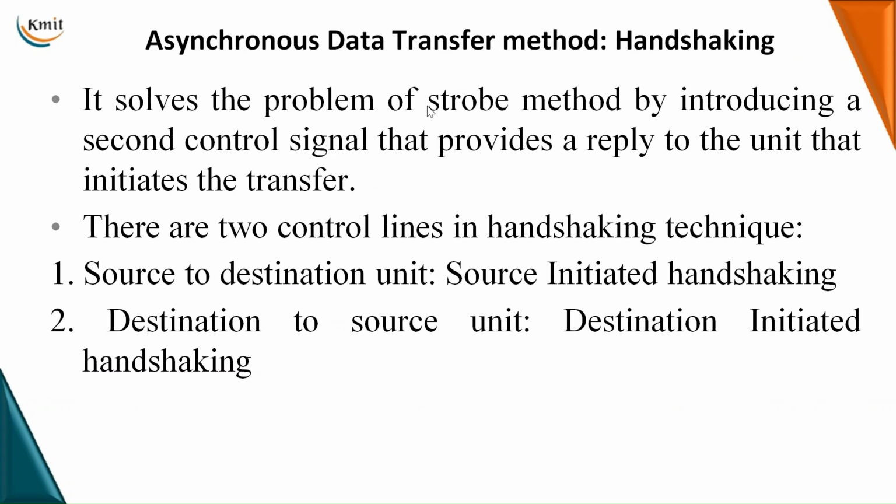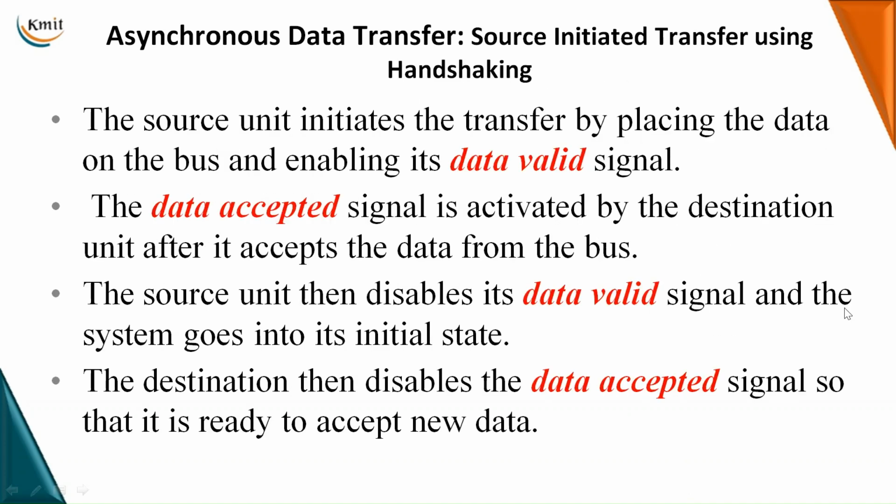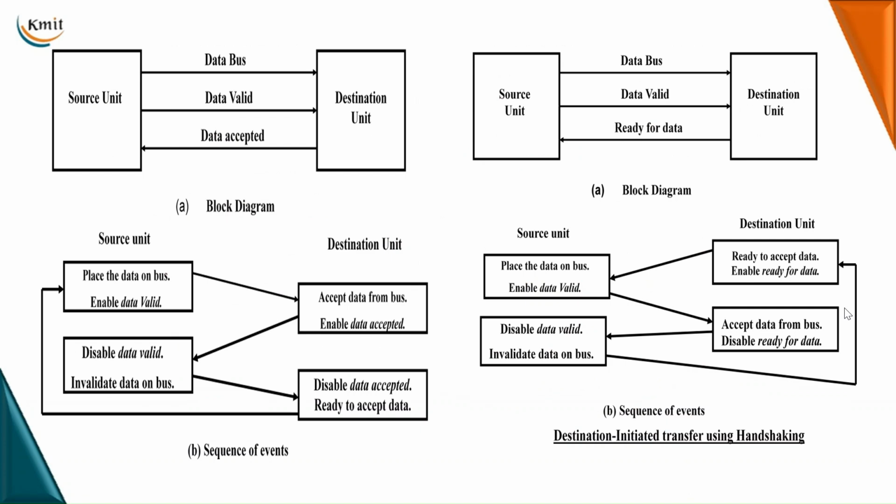This control signal provides a reply to the other unit that has initiated the transfer of information. So there are two methods in handshaking. One is a source initiated handshaking mechanism and the other is a destination initiated handshaking mechanism. Let us see the first type, the source initiated handshaking mechanism.